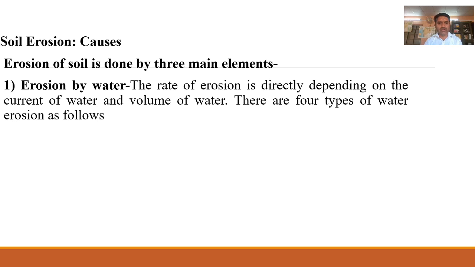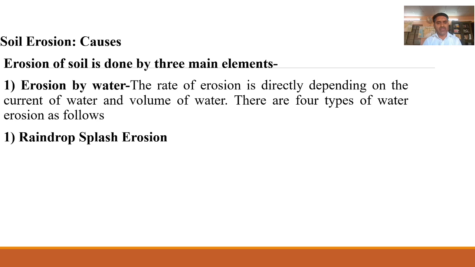So this acts as an agent for erosion as well as for transportation, and the main thing that occurs over here by water is raindrop splash erosion. This is the first type which acts by water. As you know, there is rainfall every year, particularly in the rainy season.